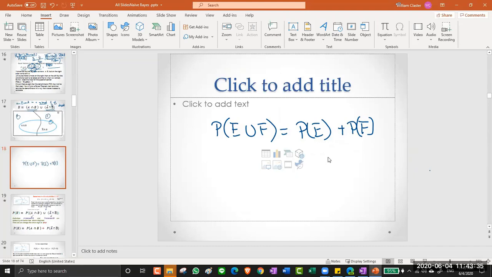We did this about 20 minutes ago. But this was only true when E and F were disjoint, when they had nothing in common, right? If they had something in common, we had to amend it. We had to write it like this: probability of E plus the probability of F, then minus something, right?